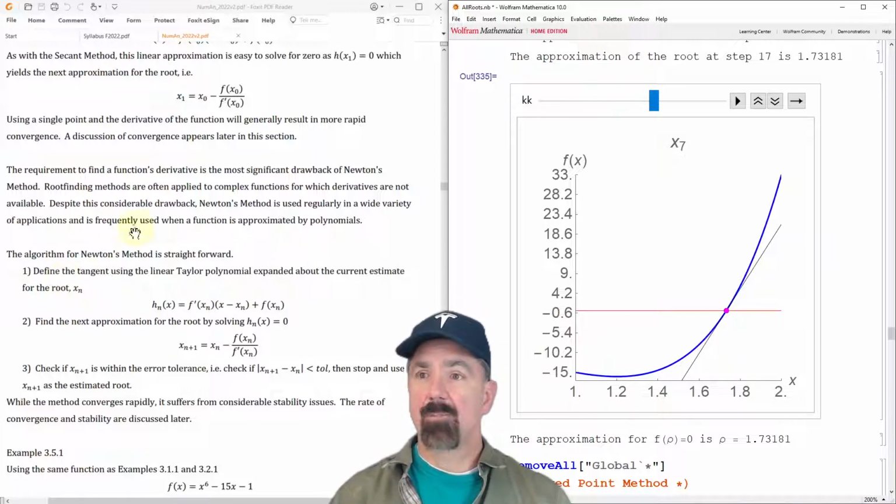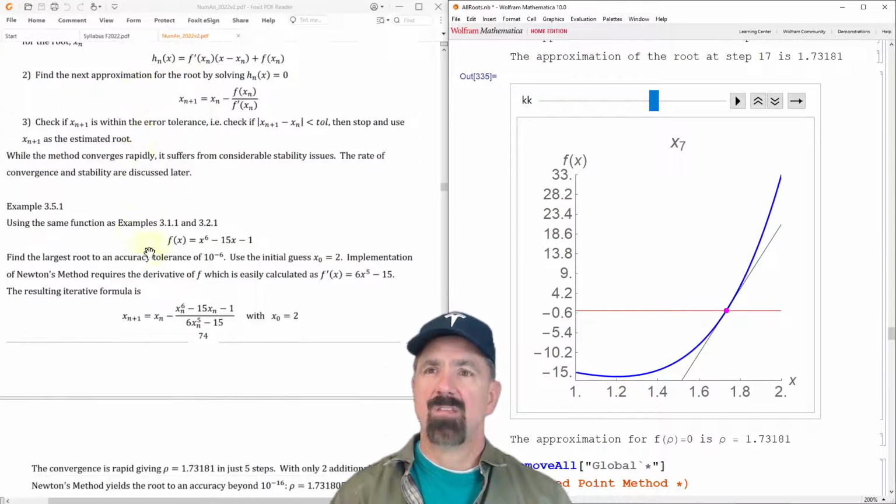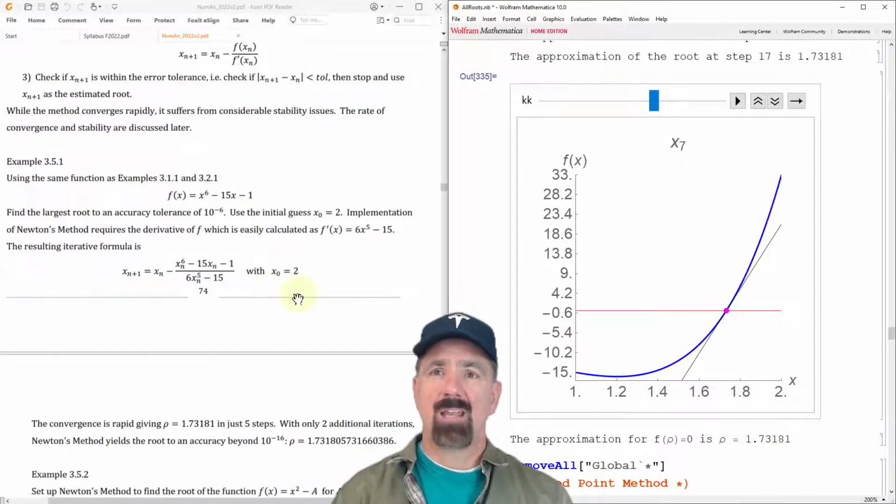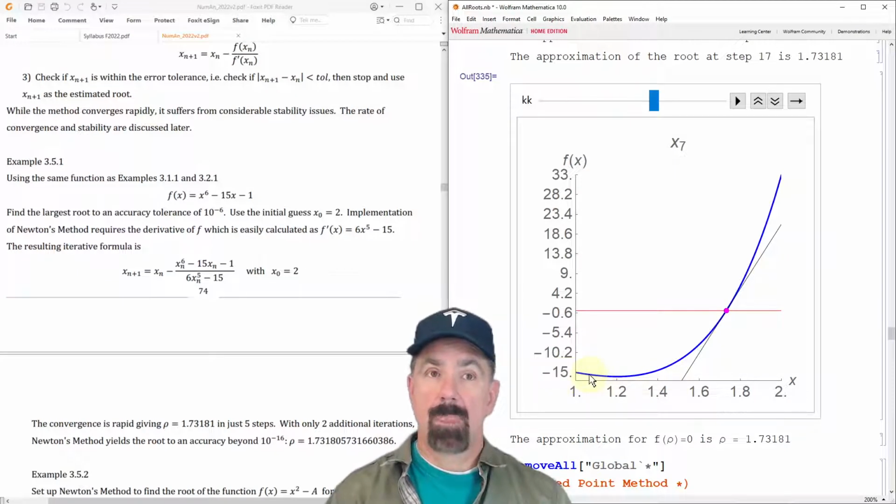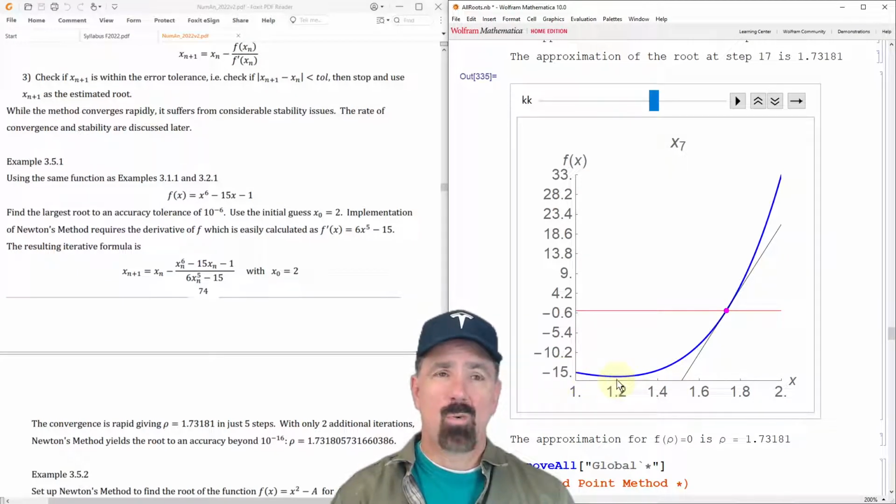There are a couple of examples pointed out in the textbook. This example here is the one we're looking at. It's important to try some different initial conditions. What if we had selected 1.2 as our initial condition instead of the midpoint of 1.5? Well, we'd have the same problem we have with the secant.